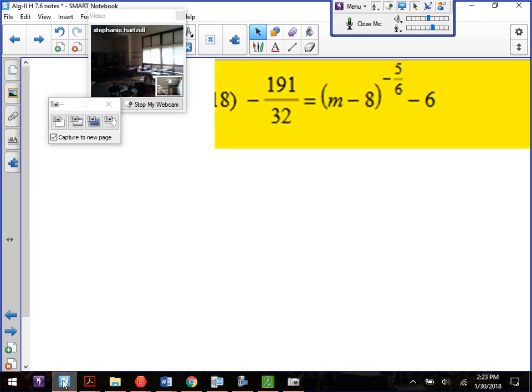Now, at some point in time, guys, when I'm doing these types of problems, you have to understand the order in which you would be solving it. Now, this one, you have a nasty looking fraction, an ugly exponent, and a lot of other stuff going on.